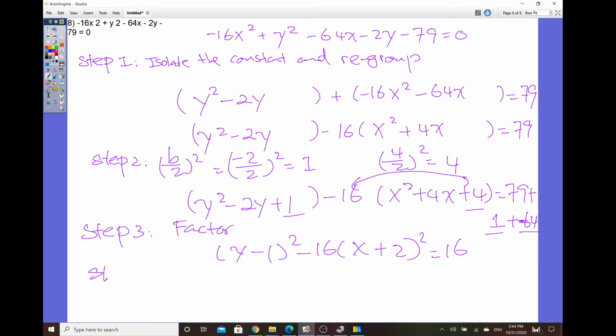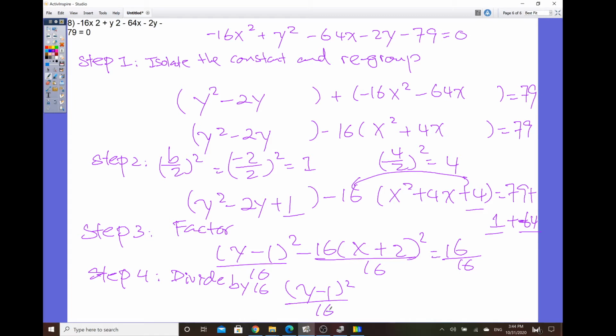And then step 4, divide by the new constant on both sides, divided by 16. So eventually we end up with y minus 1 quantity squared over 16 minus x plus 2 quantity squared over 1 equals 1.